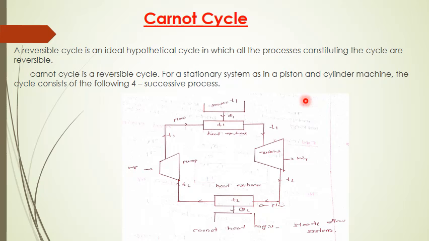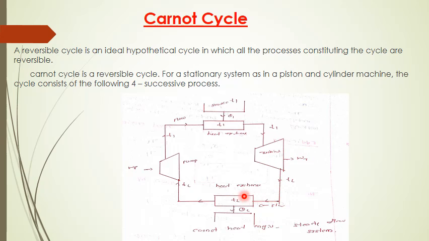The Carnot cycle is a reversible cycle for a stationary system as in a piston and cylinder machine. The cycle consists of the following four successive processes. So this is a Carnot cycle here. We are adding heat to a system, and steam is expanding here.